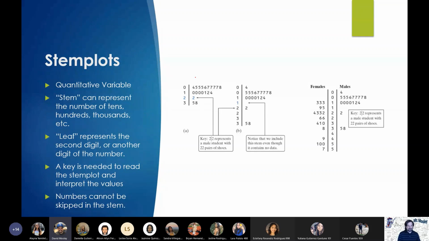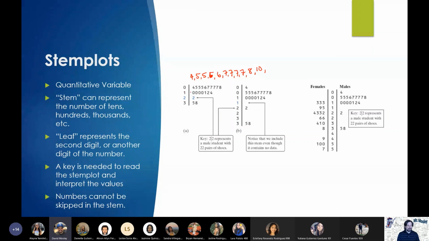So in our data set, if I were to write out all the numbers represented in this row, it would essentially be 4, 5, 5, 5, 6, 7, 7, 7, 7, 8, and then we have 10. The next row, we have 10 four times.